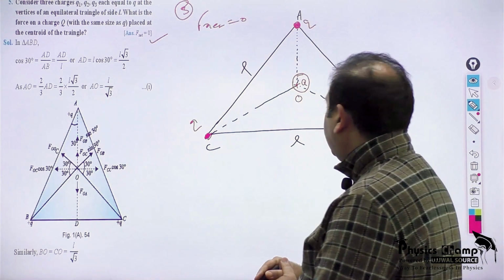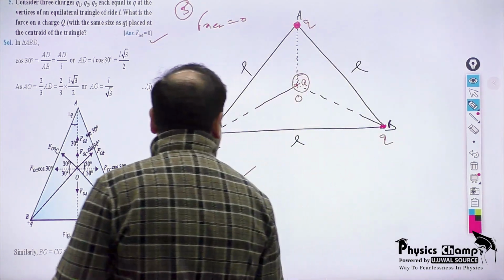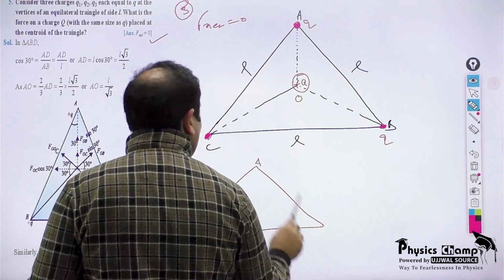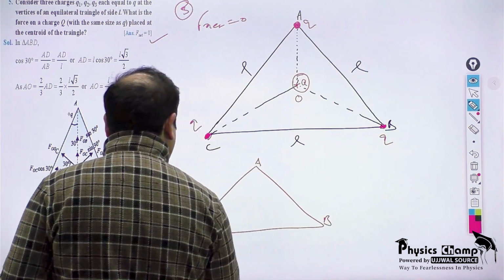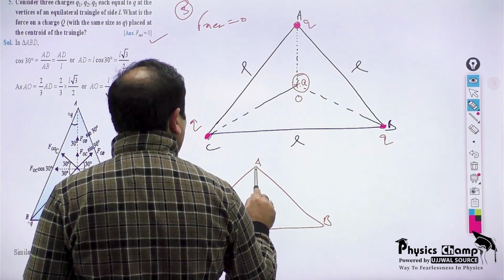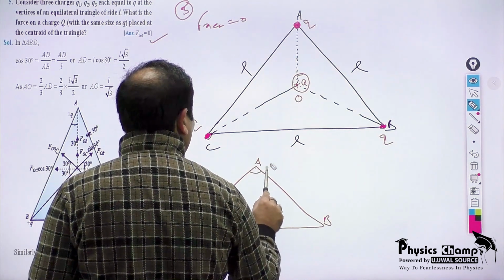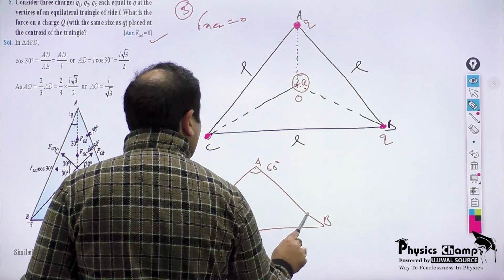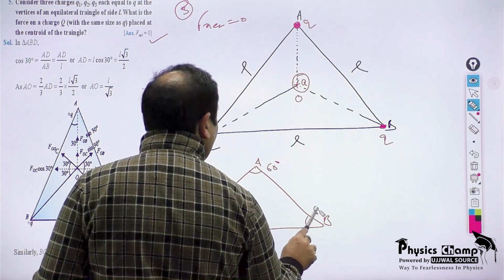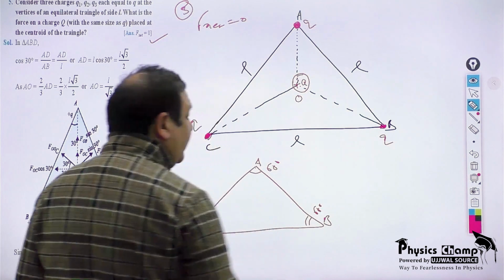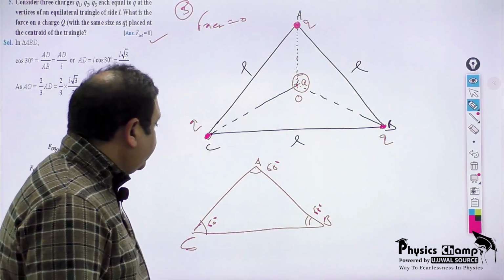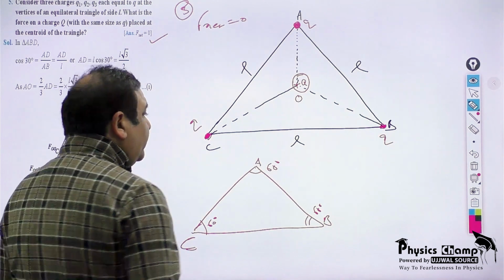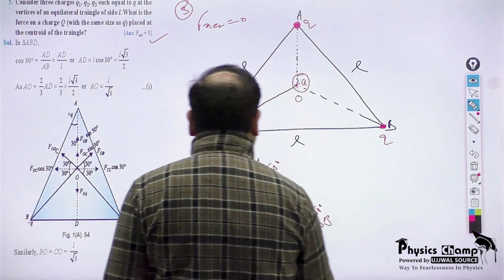For that, let's take A, B, C, and the whole angle will be what? 60 degrees. The sum of all the angles of a triangle is 180 degrees, and it's an equilateral triangle, so each angle will be 60 degrees.